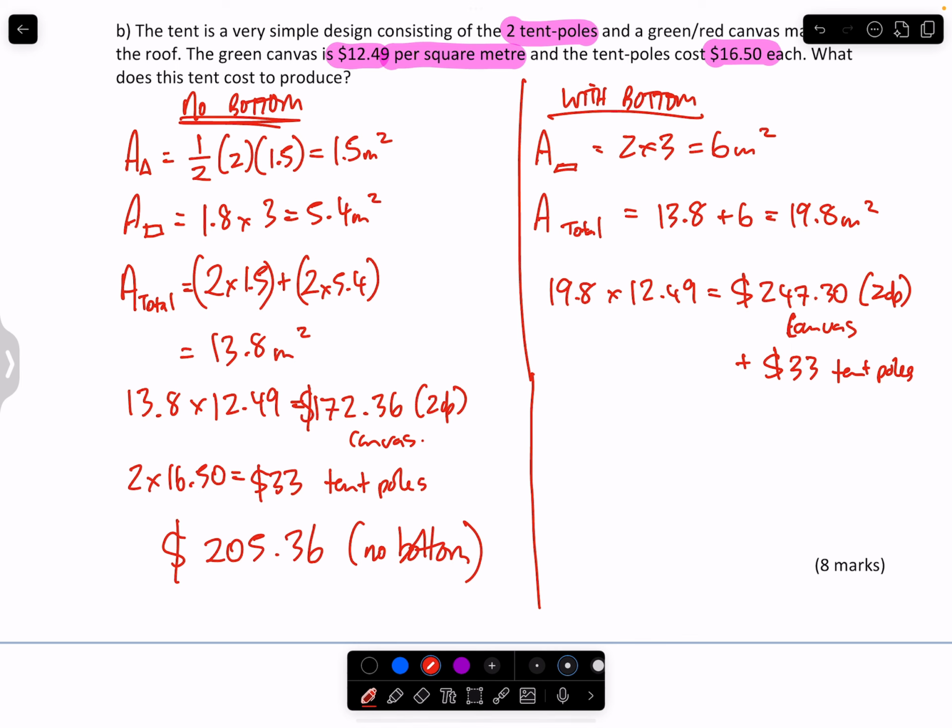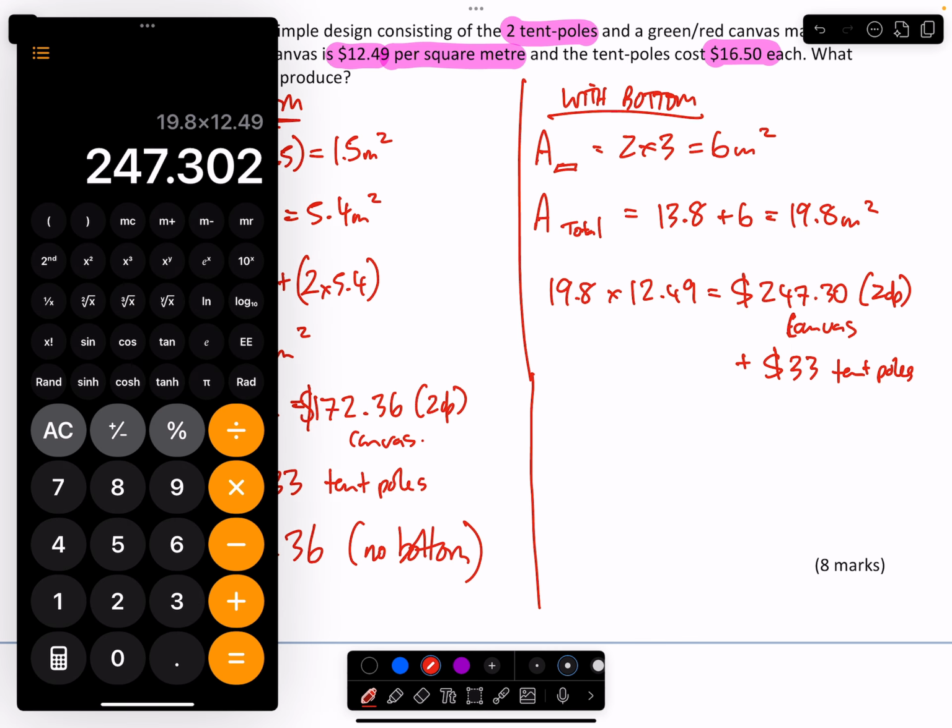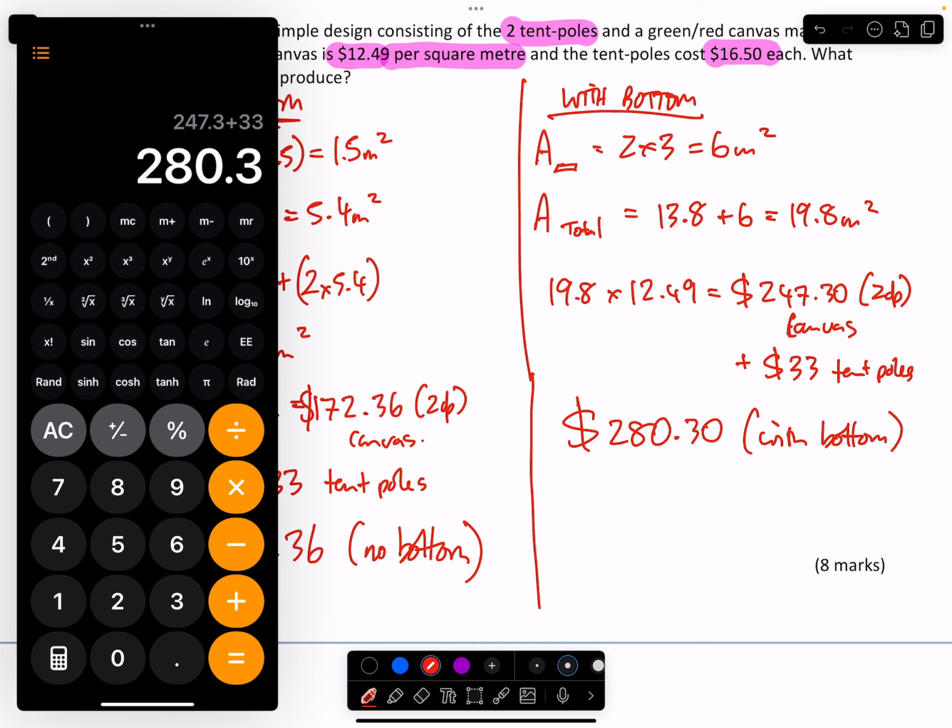So 247.30 plus 33 is $280.30 with bottom.